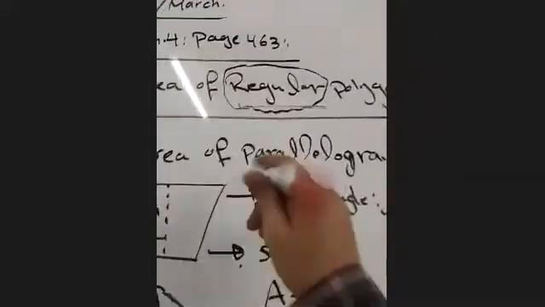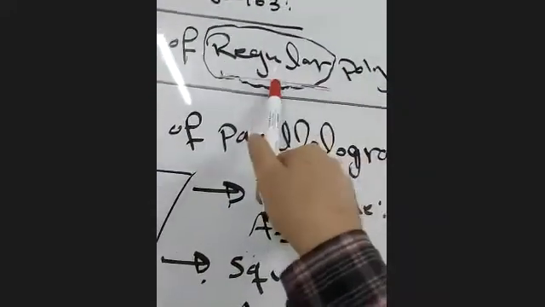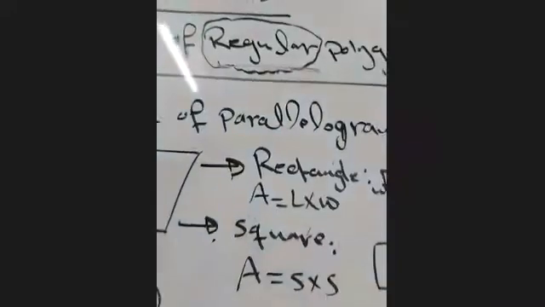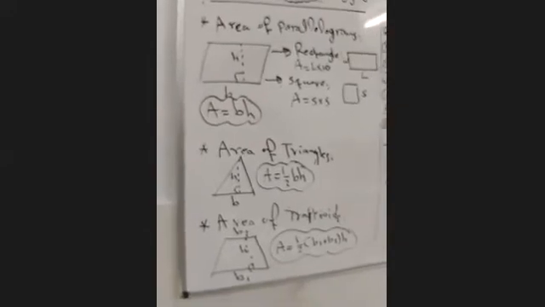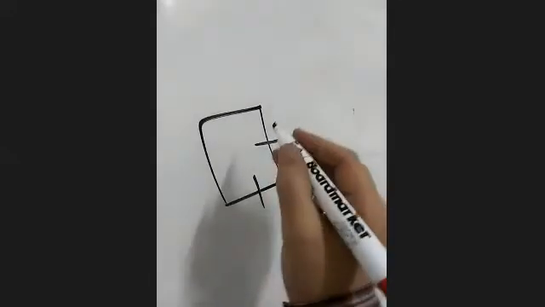But what's the meaning of regular polygon? The word regular is an important one. Regular means all sides are equal, and angles also. The sides are equal in length. When I say regular with 4 sides, it means this side equals this side, equals this side, equals this side.